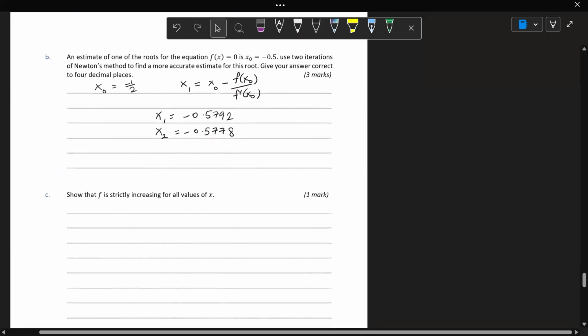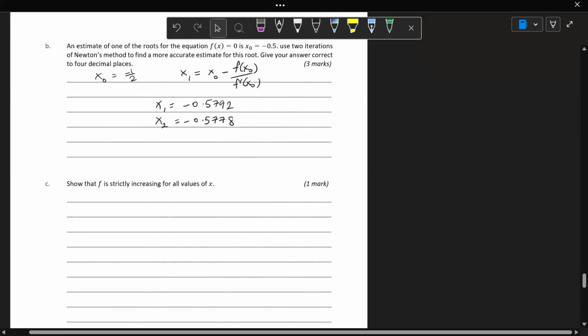And that's it. Show that f is strictly increasing for all values of x. Strictly increasing means that there is no turning point.